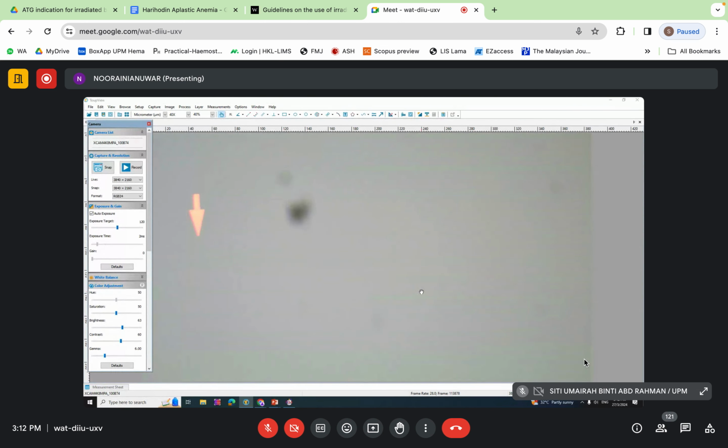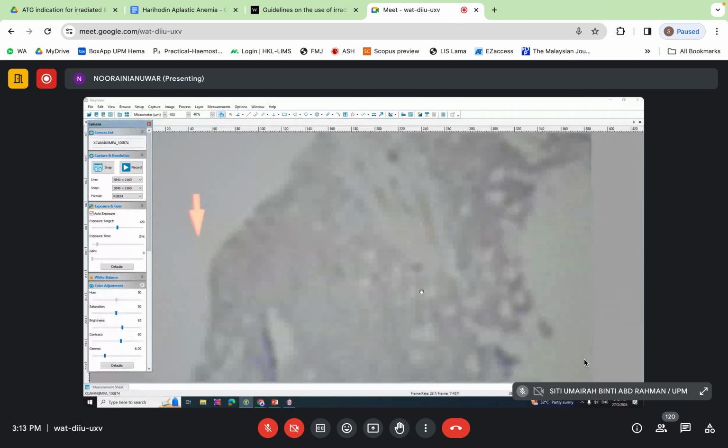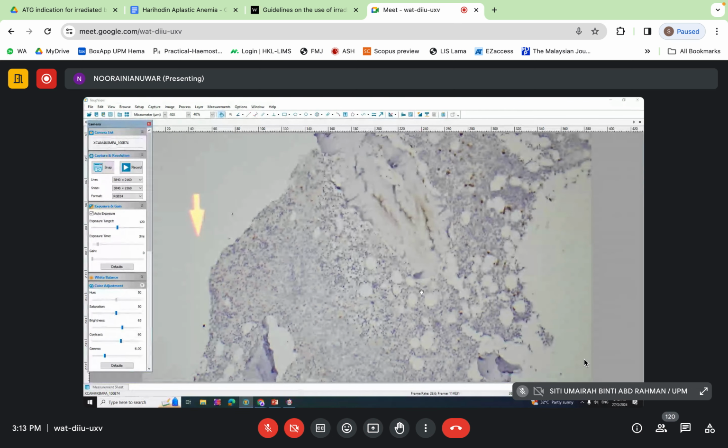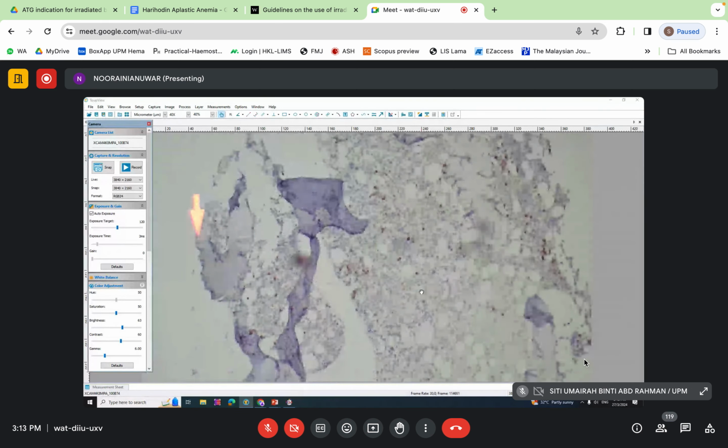I think this one we sent for CD markers: CD3, CD79A, and also CD68. However, no abnormal lymphoid aggregate is seen. The CD79A only highlighted reactive B cells, scattered.